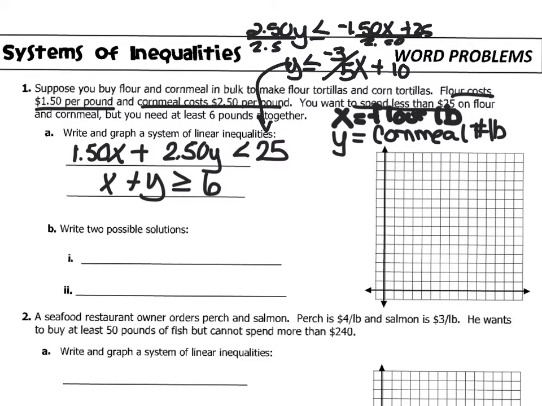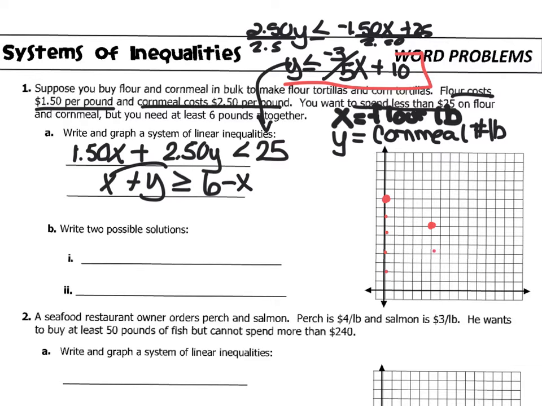This one's going to be a little easier. You just bring the x over, so it becomes minus x. All right, let's graph this. On our first one, 10 is our y-intercept, so let's go to 10: 2, 4, 6, 8, 10. My slope is negative 3/5, so go down 3 and to the right 5.